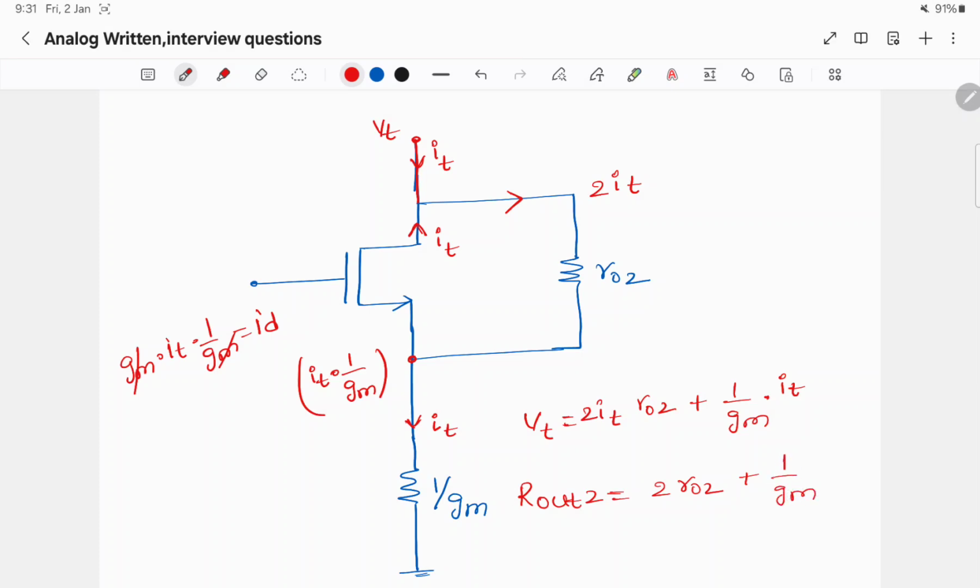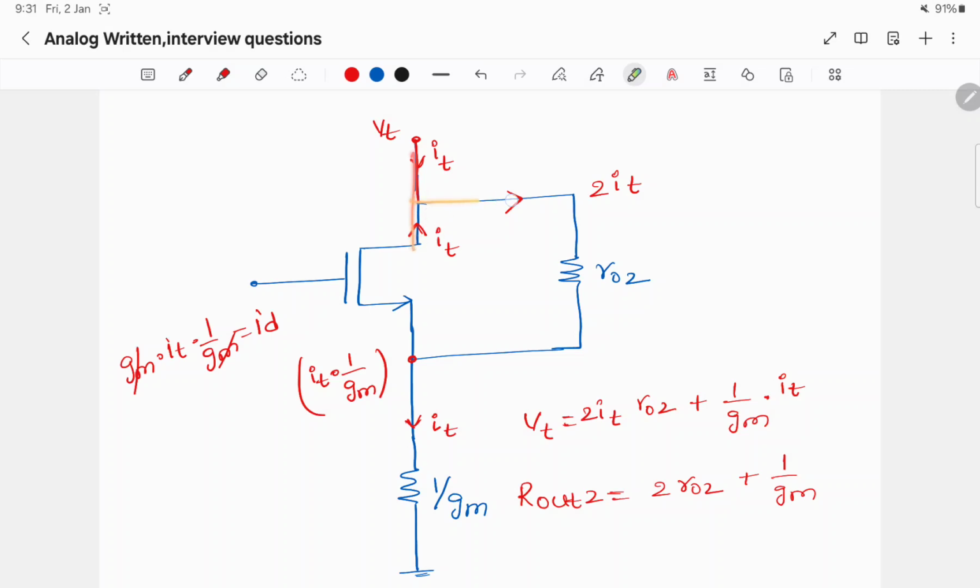This is the same result we got up, but here we know what is happening. A current of IT is flowing from the test voltage, and this current is flowing to this resistor 1 by GM, and it is developing a potential of IT times 1 by GM at the source. This results in a current IT from source to drain.